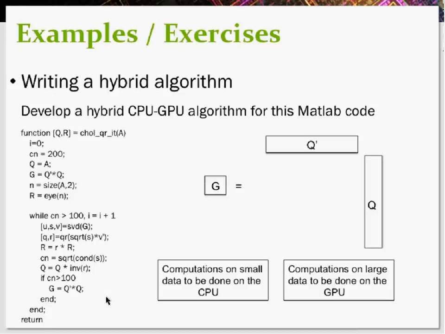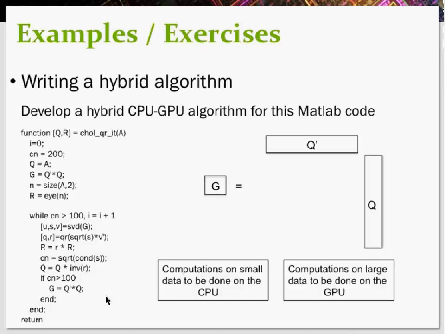If you look more carefully at what this is doing, the most compute intensive part of this code is when you compute G equals Q transpose times Q. It's a code that will do QR factorization of a very tall matrix, let's say a million rows.